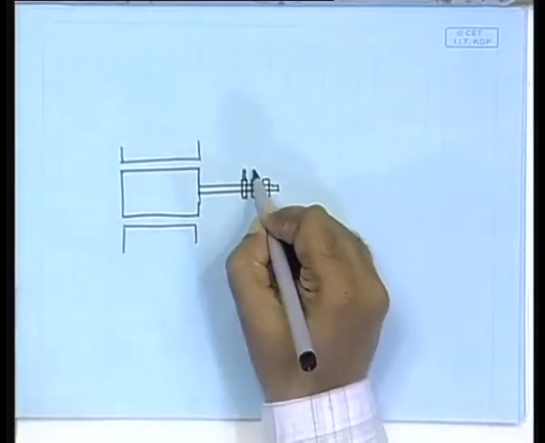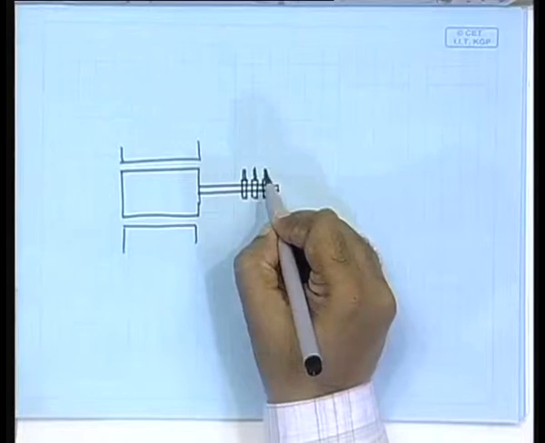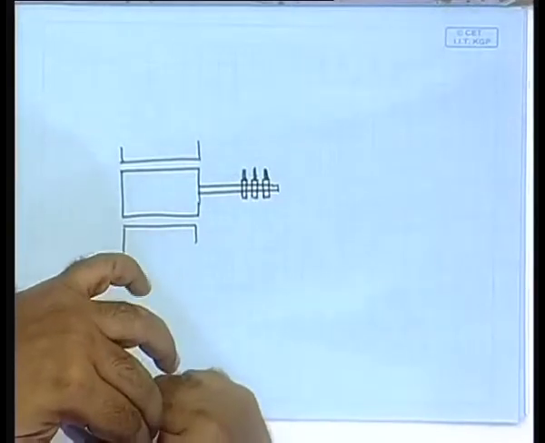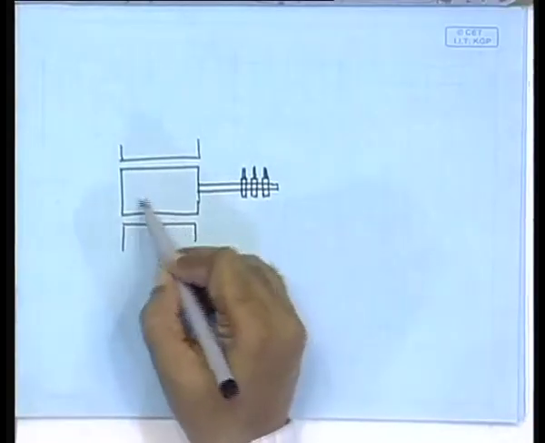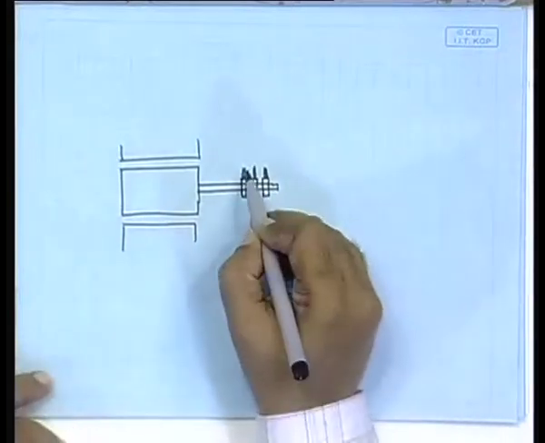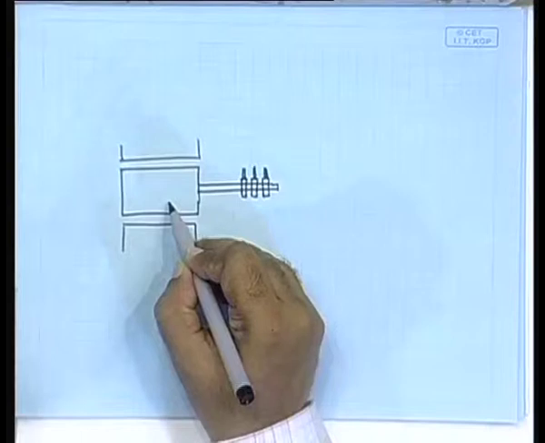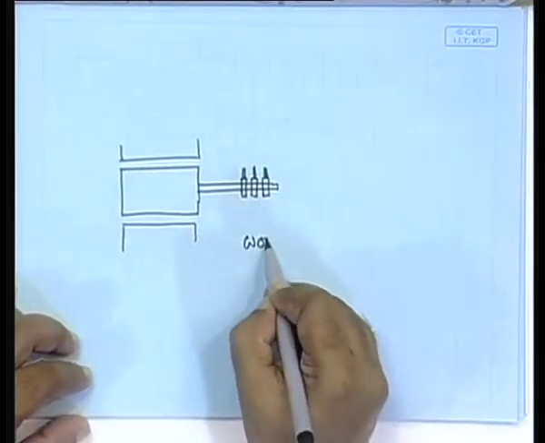So, there is a contact like this. That means this is not permanently connected, this fellow is rotating, this fellow is static, but this is making contact as it rotates, and these are connected to the windings. So, in that case you will have access to the rotor conductors, rotor windings. This is called the wound rotor induction machine.